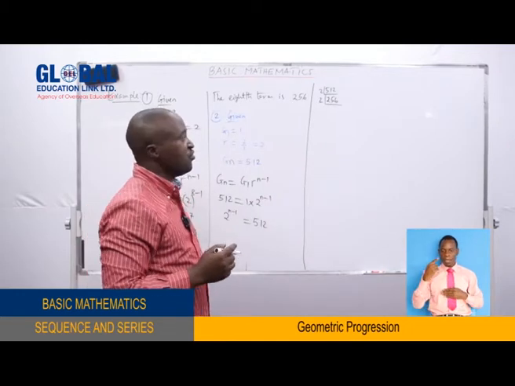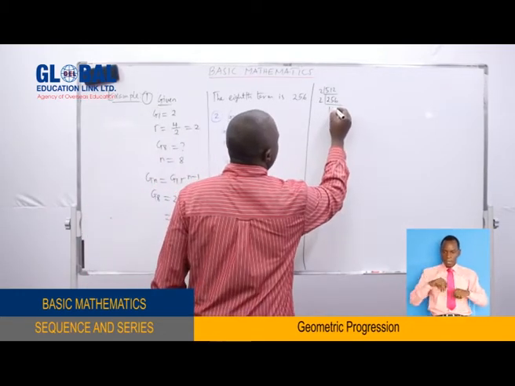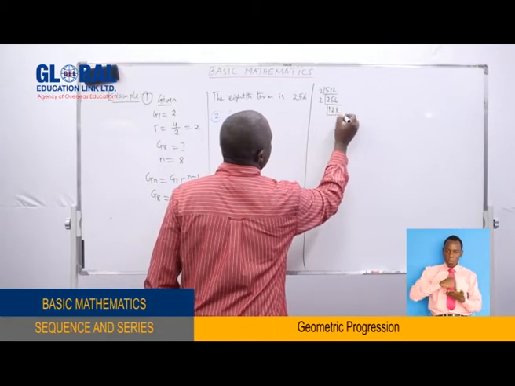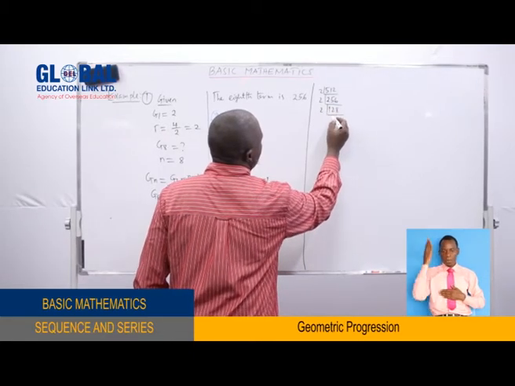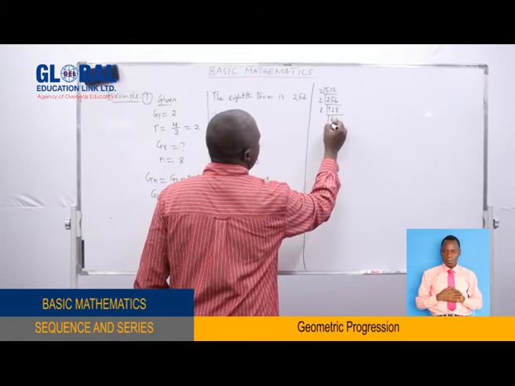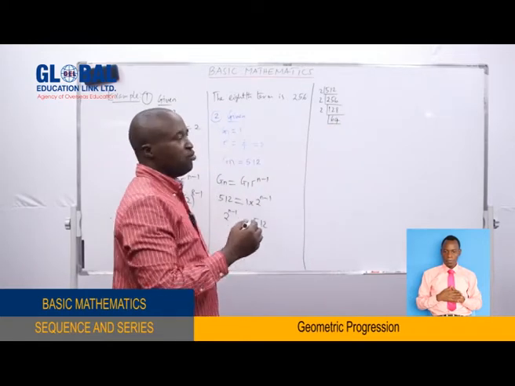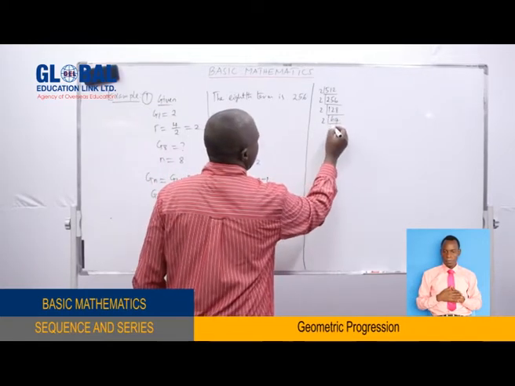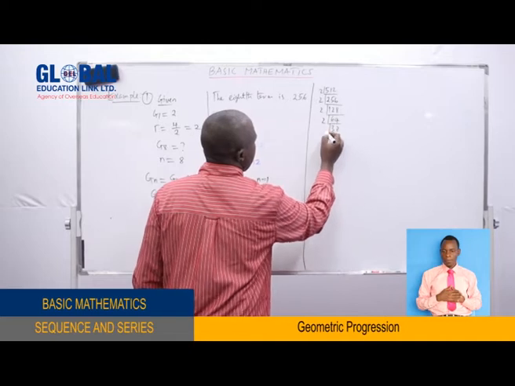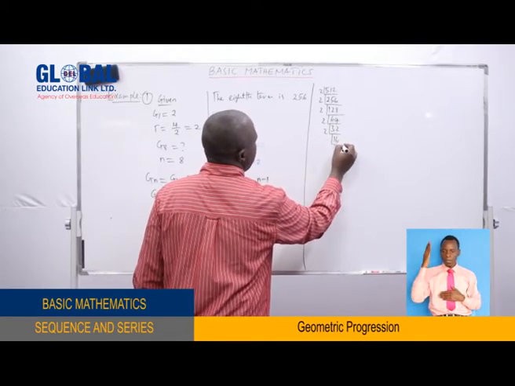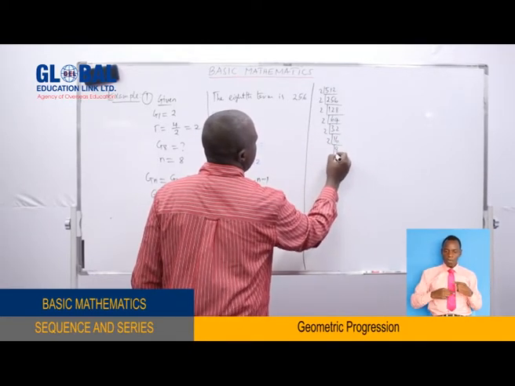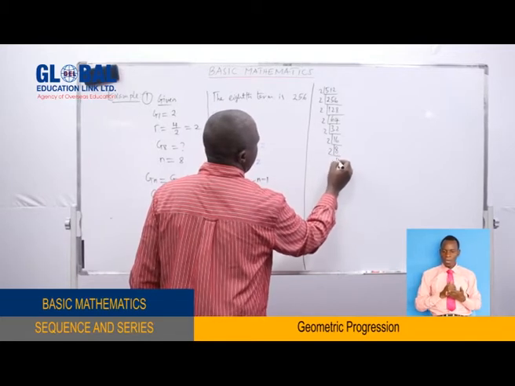Then again, we proceed with 2. In this case, we have 128. So again, by 2, we have 64. Again, proceed by 2. That is 32. By 2, we have 16. By 2, we have 8. Then by 2, we have 4.